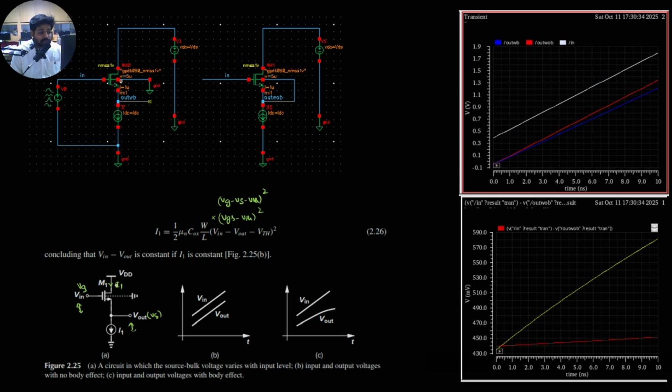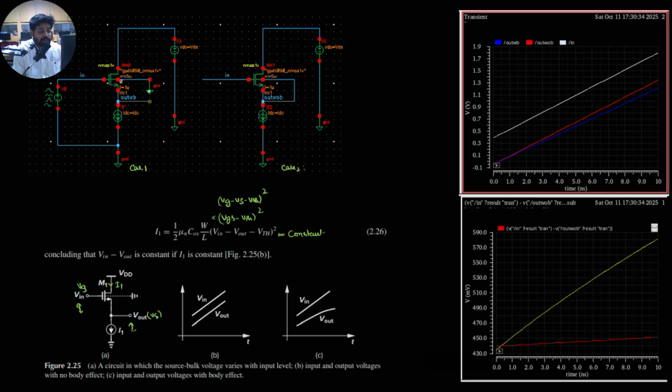Now, the same I1 current is pulled by this current source, and I have to make sure this current is always constant. This is the basic operation of the circuit. For the given circuit, I will do the simulation in two cases, case 1 and case 2.